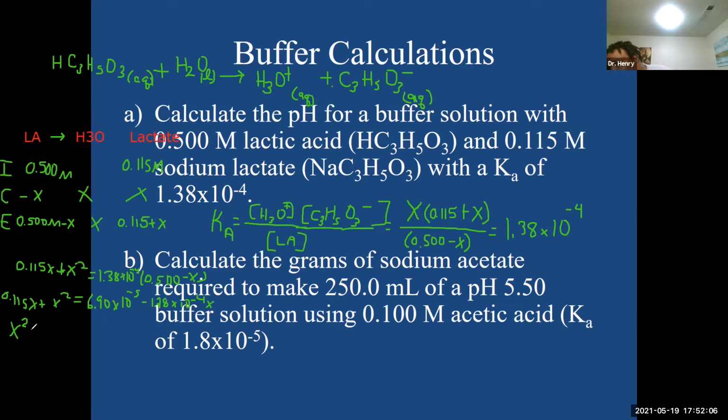So that's going to be x squared plus 0.115138x, minus 6.90 times 10 to the -5, and that's going to be equal to 0.